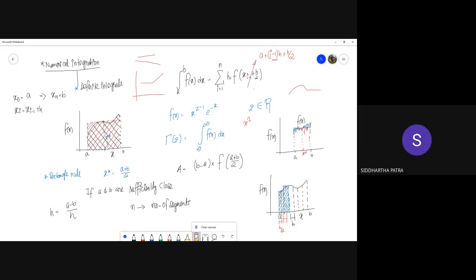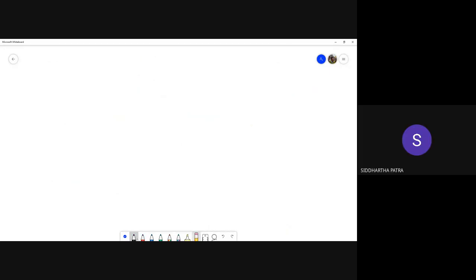Okay, so next move on to trapezoidal rule.